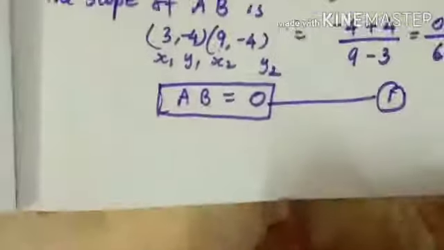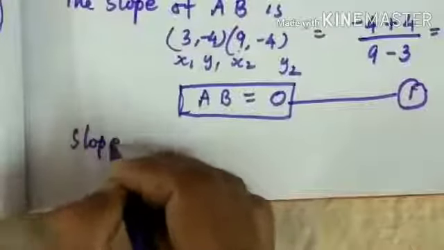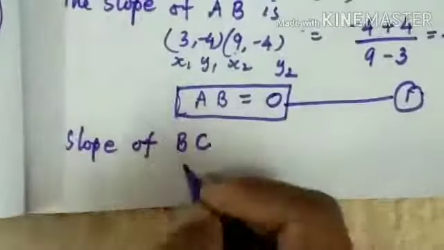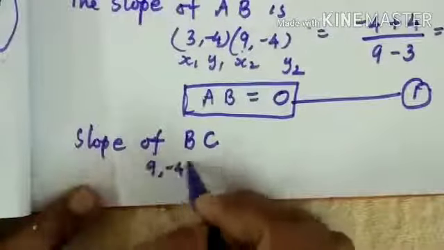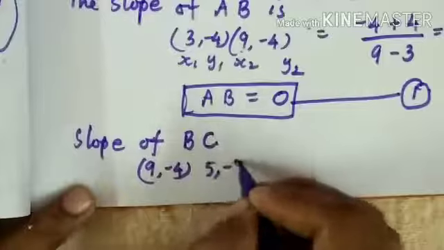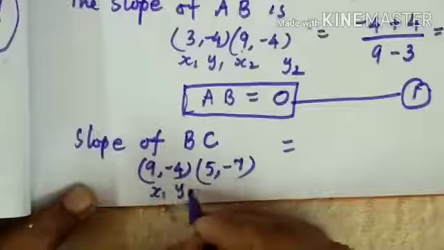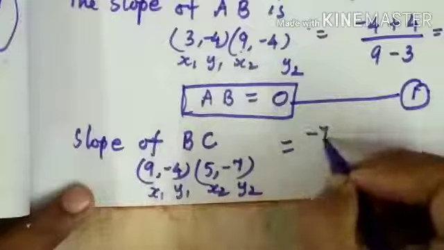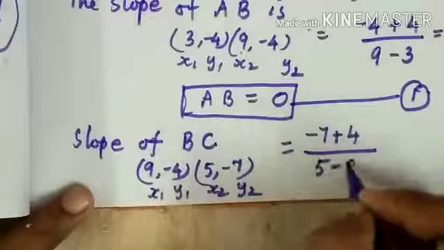Next you have to find the slope of BC. Take down and write the B point and C point. B point 9, minus 4, C point 5, minus 7, let us keep x1, y1, x2, y2. y2 minus y1, minus 7 plus 4 by x2 minus x1, 5 minus 9.